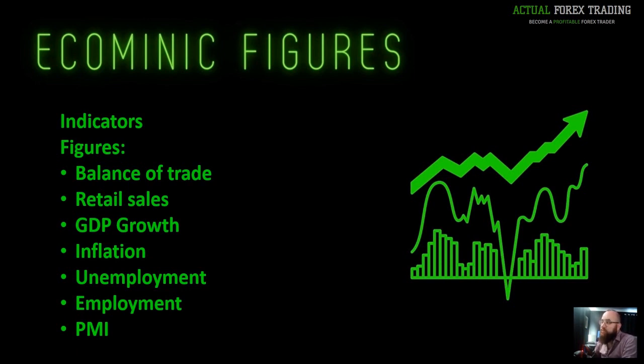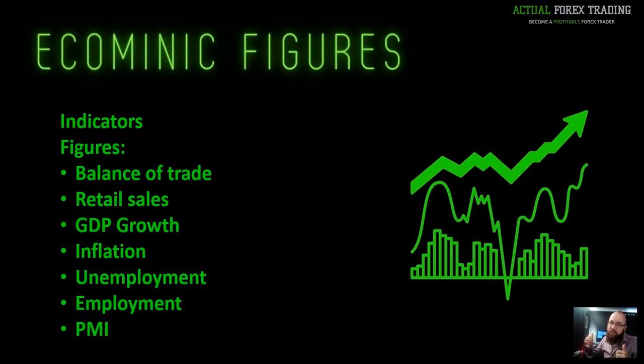Economic figures, the most important figures to really use and track are balance of trade, retail sales, GDP growth, inflation, unemployment, employment, and PMI. They're all listed on this slide. Just like indicators, where we use them to get a general picture of what's going on and they can signal certain things, it's the same with these economic figures.